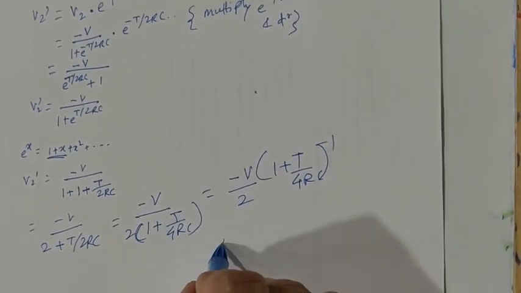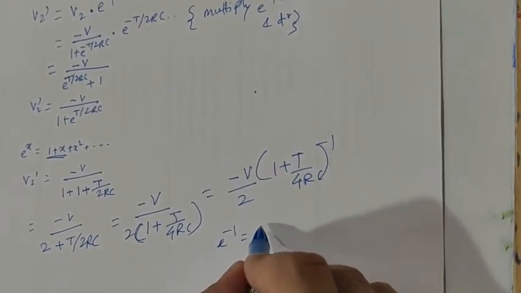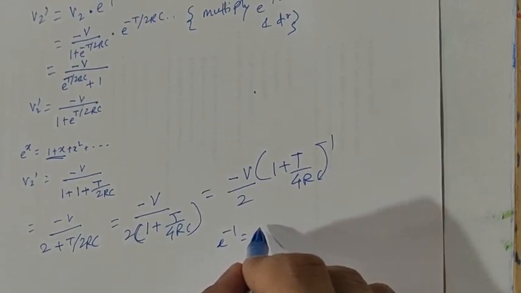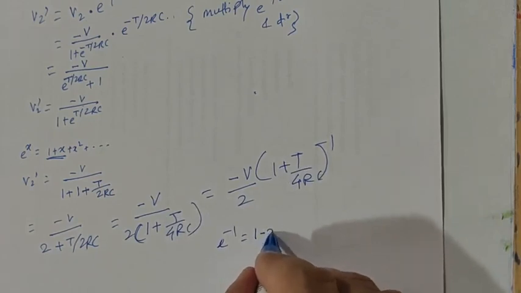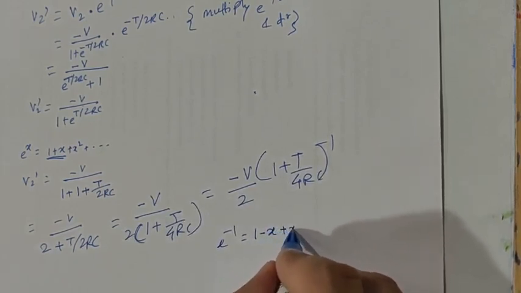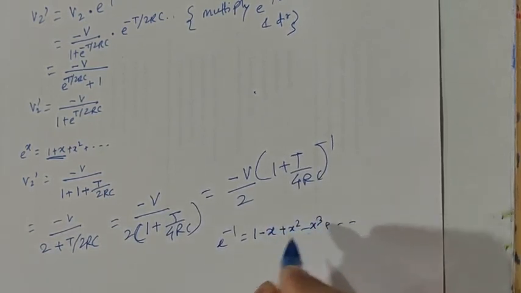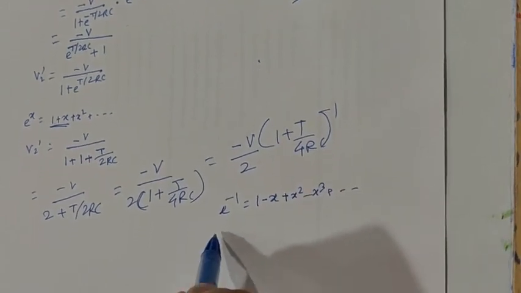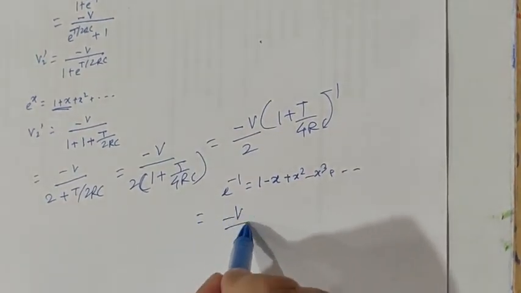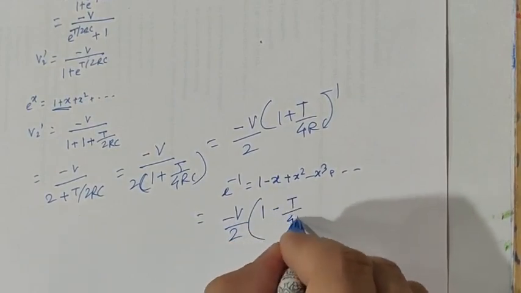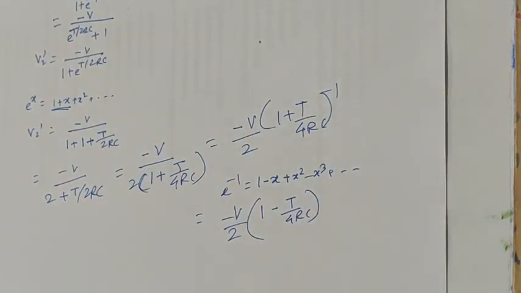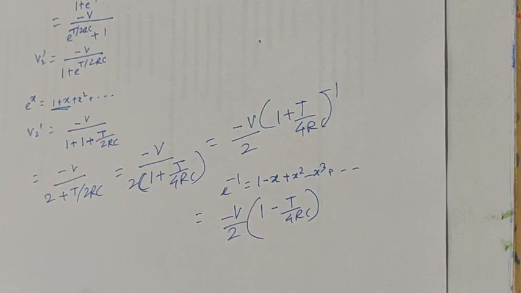Again the term comes out to be x inverse, and x inverse can be written as 1 minus x plus x square minus x cube and so on. So it is 1 minus x, and that can be written as minus V by 2 into 1 minus t by 4 RC.